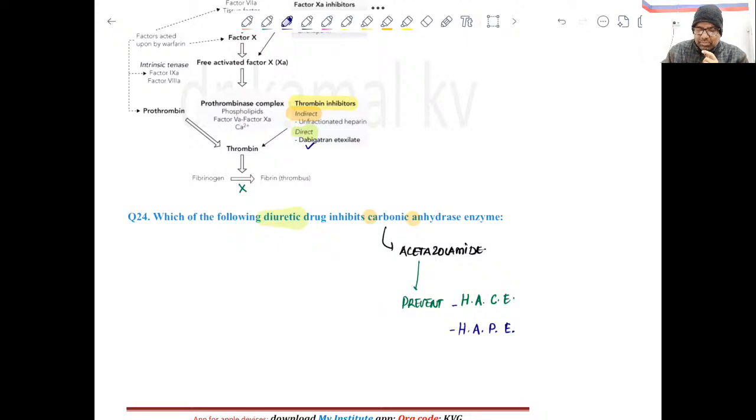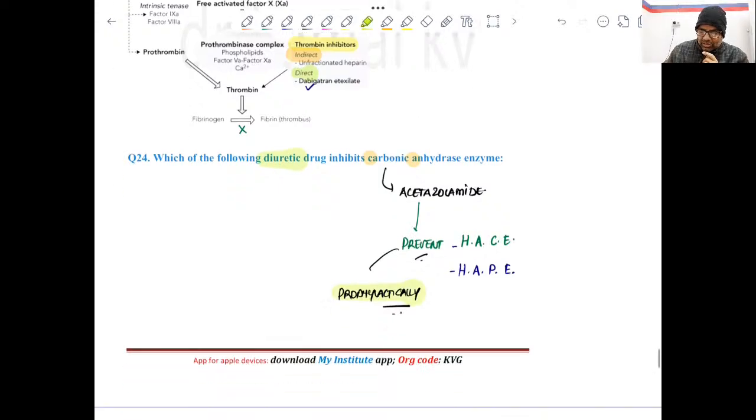Clear? So this is better used for these conditions, and it is given prophylactically. It means like if you are going to Leh Ladakh, you have to start this drug before going to Leh Ladakh, maybe around 2 days before. There is no usefulness if you start this drug after reaching Ladakh. So it has to be taken prophylactically. Clear? Yes, Chaitanya, absolutely right, acetazolamide.